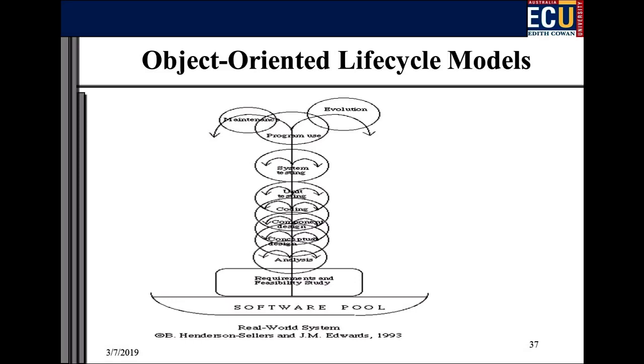So for example, with a class diagram, you've got an analysis class diagram, which maybe just has the names of the classes, and you've got a design class diagram, which then has the details of the methods and the attributes and so on. Right? So 2 different views of the same thing. And that's really the kind of a major difference between object-oriented and classical design methodologies, is that design phase.